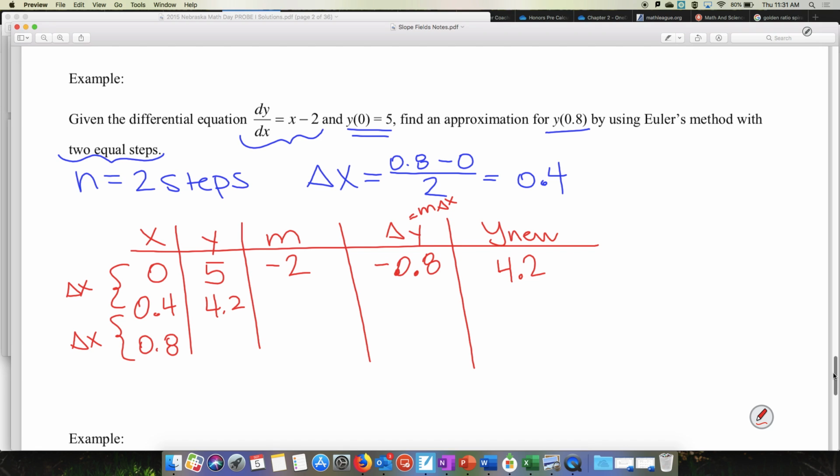Okay. So 0.4 comma 4.2, if we plug that into dy dx, what is our slope? Negative 1.6. And if we take our slope times delta x to get our change in y, we get negative 0.64.